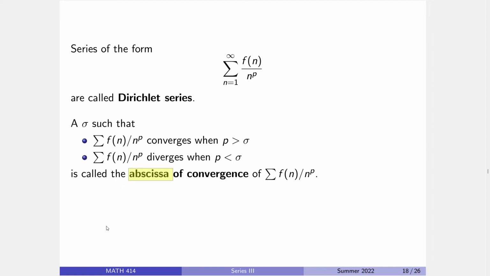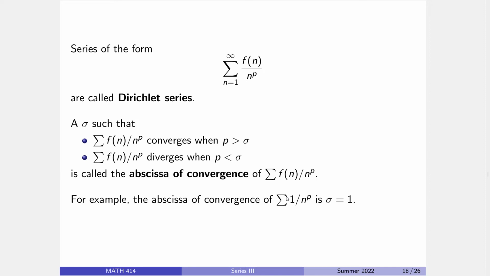Abscissa, the word, is broadly the distance from a point to the vertical axis measured parallel to the x-axis. It's officially what the name of it is. But anyway, there is a sigma such that this converges when p is bigger than sigma and diverges when p is less than sigma. It's called an abscissa of convergence. Okay. So for example, the p-series have an abscissa of convergence of sigma equal to 1.